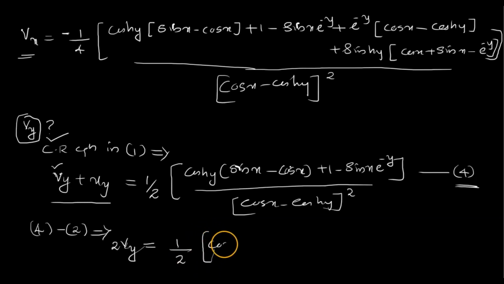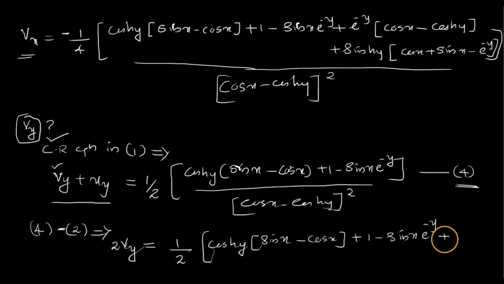and cos Hy into sin x minus cos x plus 1 minus sin x into e raised to minus y. Note this minus, so we get plus, minus e raised to minus y into cos x minus cos Hy.